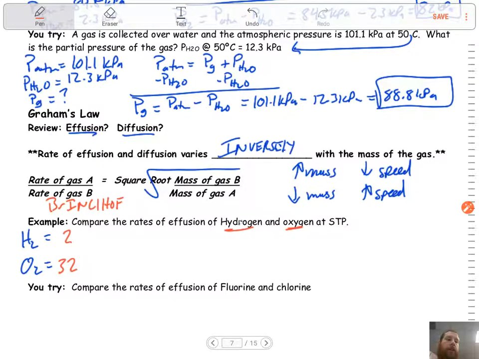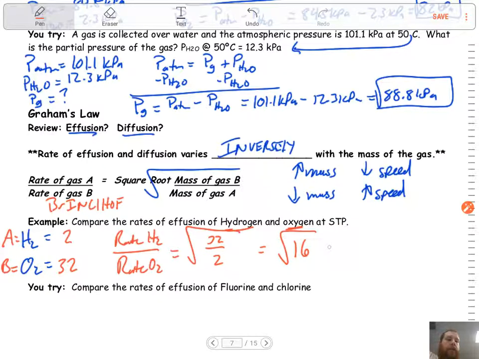We were comparing hydrogen to oxygen, so I'm going to say my rate of H2 to my rate of O2 equals the square root of the mass of gas B over the mass of gas A. I said that oxygen was B and hydrogen is A, so that means it's going to be 32 divided by 2. That's going to give us a square root of 16, or a little bit less than that if you actually go out to it. So this is going to be about 4 times.